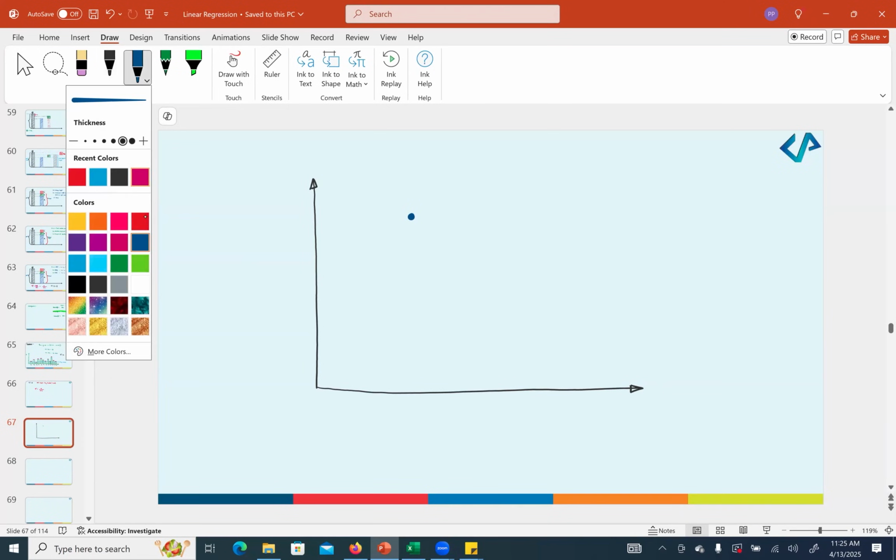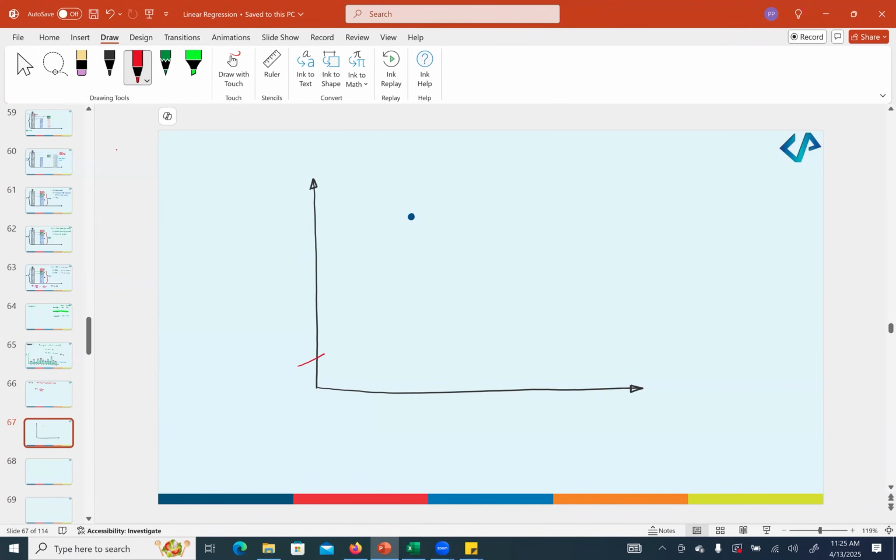I'm just making one line. This is your predicted line.